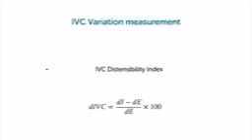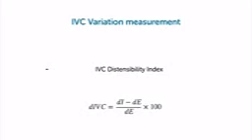And there is a wonderful formula that we can use, and this is the distensibility index. It works something like this: the inspiratory diameter minus the expiratory diameter, divided by the expiratory diameter, times 100, right? So it's a percent value. Exactly, Thomas.